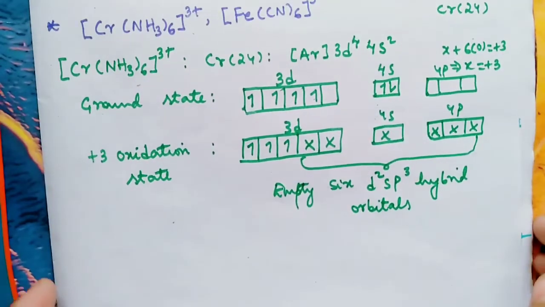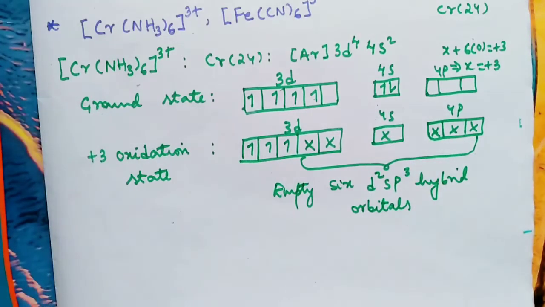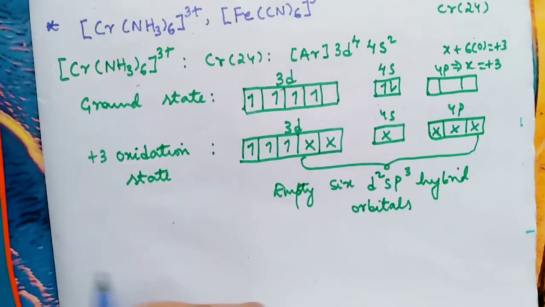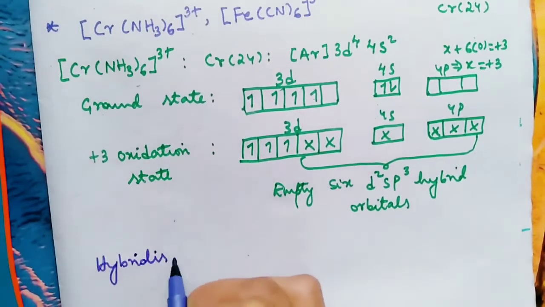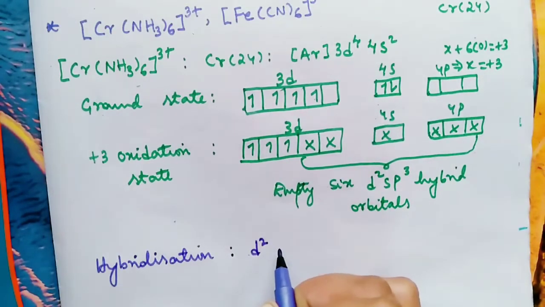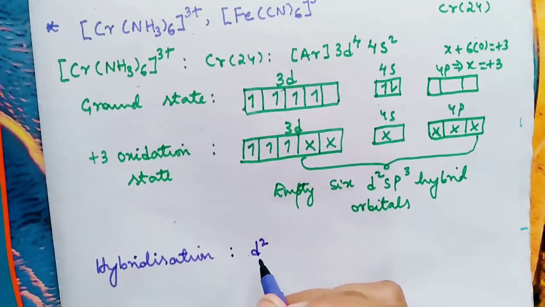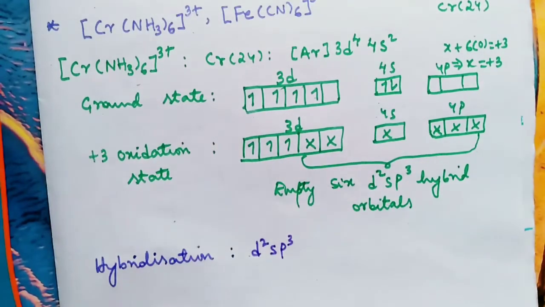Now, as I have told you, if the hybridization is d2sp3, then your hybridization here is d2sp3.